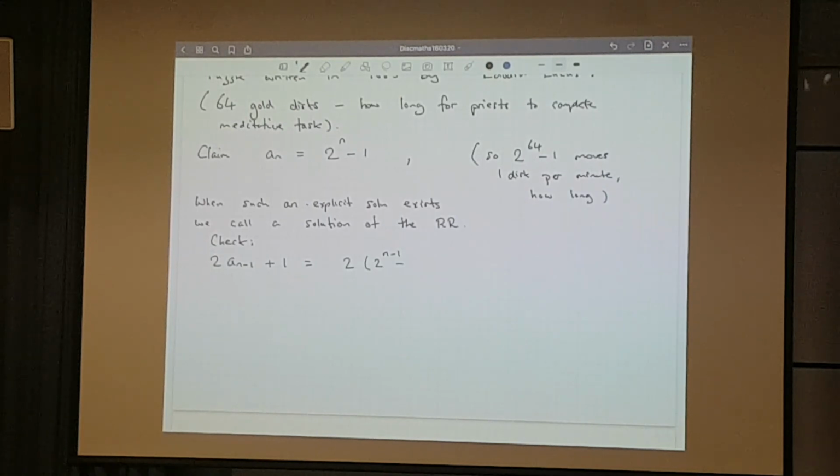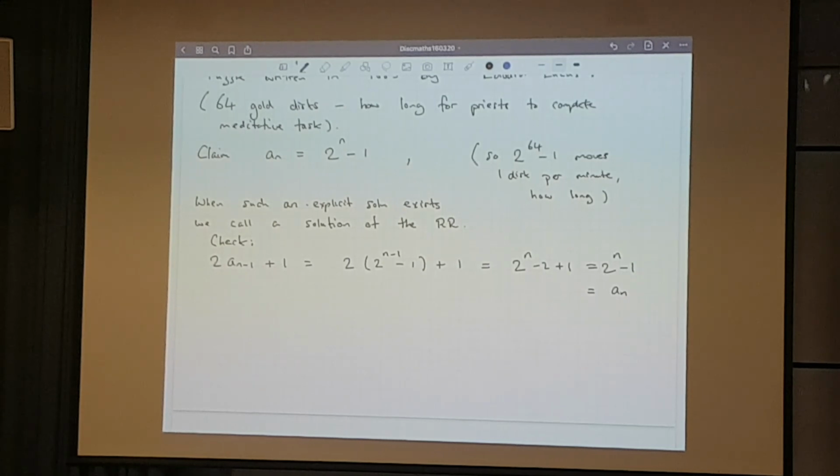So this is this, and then we get plus 1. Now we expect that this is equal to an, so let's reorganize this. This is just 2 to the n minus 1 times 1 minus 2 plus 1, which is indeed 2 to the n minus 1, which is an.